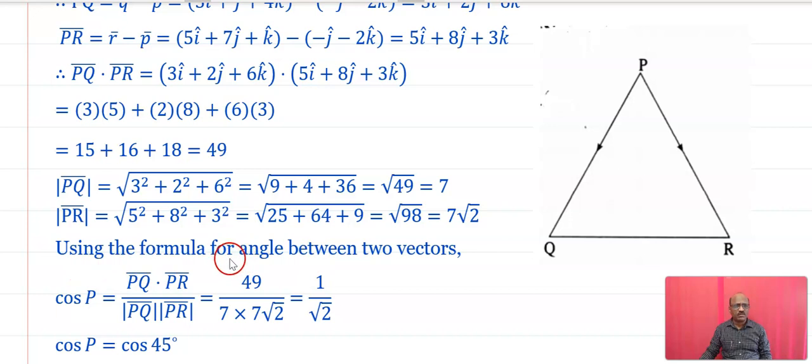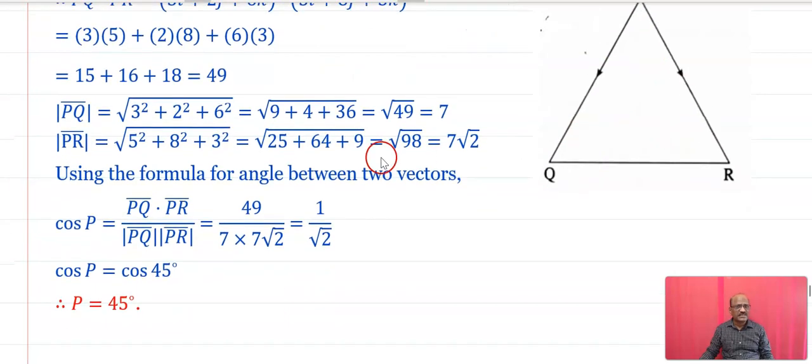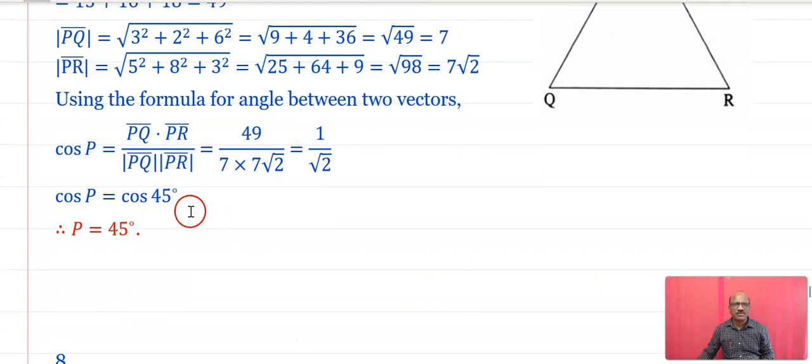Using the formula for the angle between the vectors, we want to find the angle P. We require two vectors. Which are the two vectors? PQ and PR. Therefore cos of P is equal to PQ bar dot PR bar upon their magnitudes, mod of PQ bar into mod of PR bar.